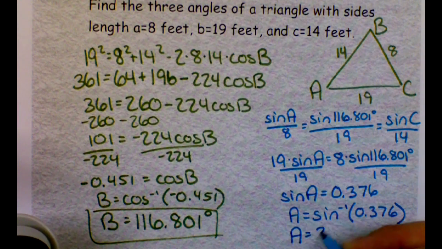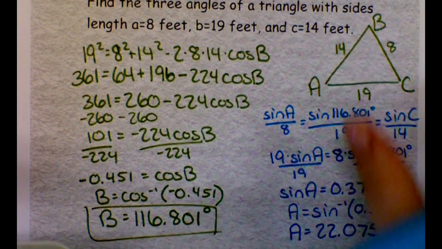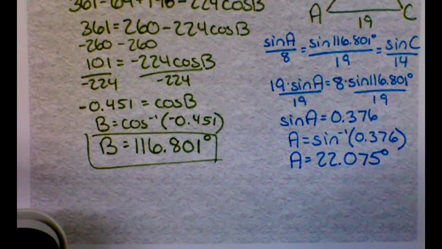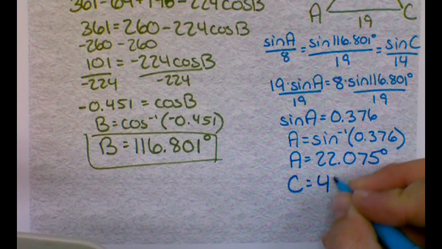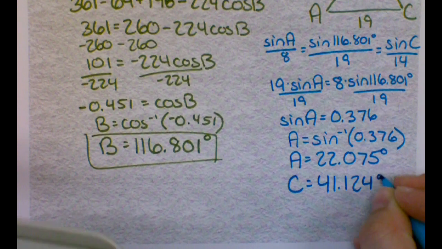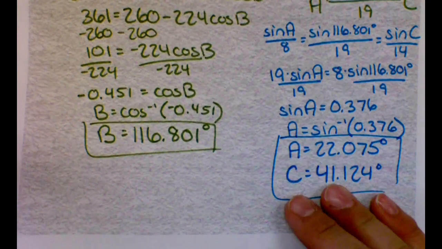So angle A is about 22.075 degrees. And then I can also get angle C quickly by subtracting from 180, which is 41.124 degrees. In law of cosines, if you follow those tips, you never have to worry about an ambiguous case.